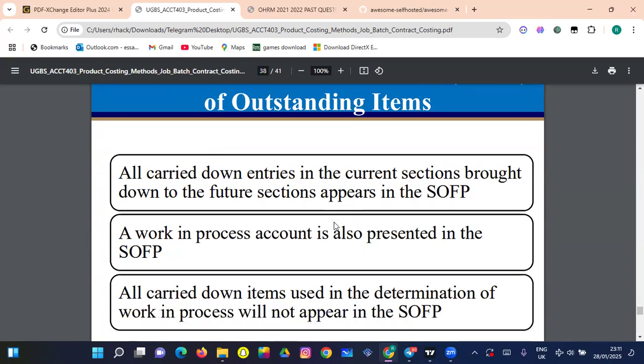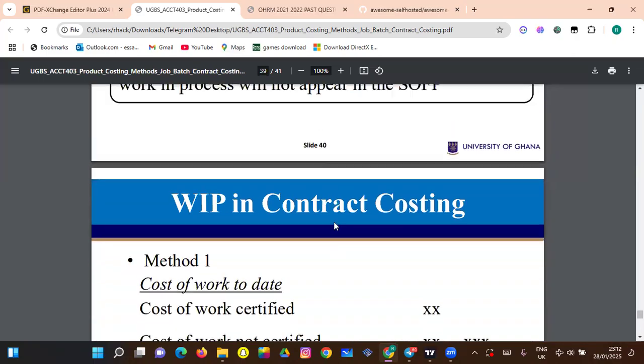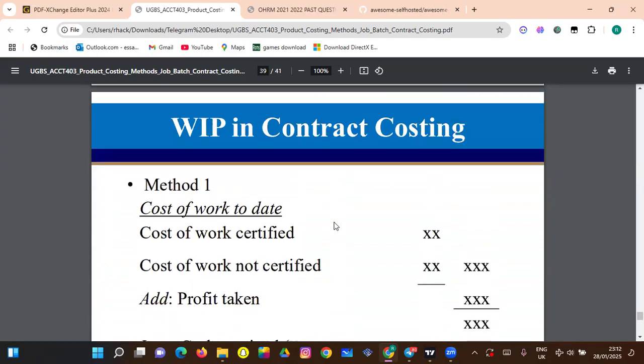All carried down entries in the current sections, brought down to the future sections, appear in the statement of financial position. A work in progress account is also presented in the statement of financial position. All carried down items used in the determination of work in progress will not appear in the statement of financial position. So this is how the work in progress is computed.